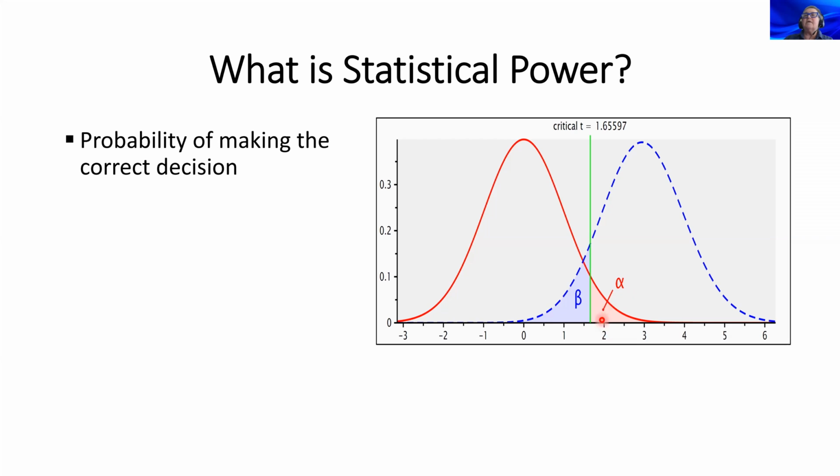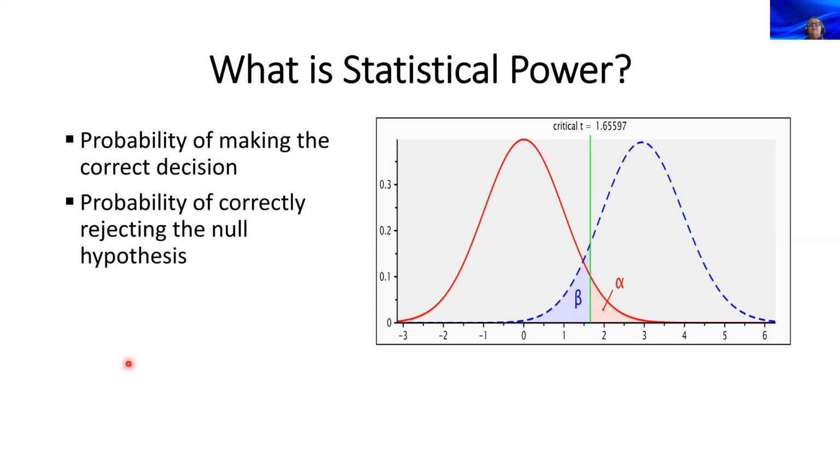We have alpha representing our type 1 error, beta, this critical t, and here we have what's happening in terms of, let's say, our control group. Then shifted to the right, we have the experimental or intervention group. And we note that this gray blue dotted area represents statistical power. So again, this is the probability of making the correct decision, or the probability of correctly rejecting the null hypothesis. Now we know in terms of statistics, there are errors, and we will discuss some of those errors shortly.